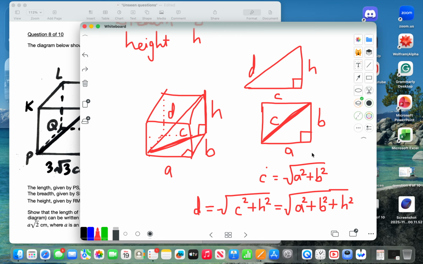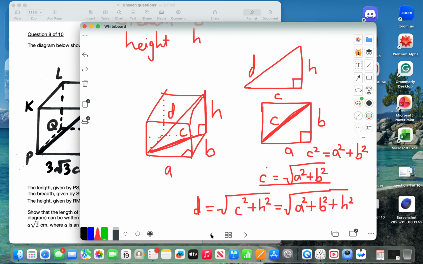And I should have just put this, but C squared, you square both sides of this and you simply get rid of the square root sign on the right hand side. You can either learn this formula or you can understand how to make it up, it's totally up to you.